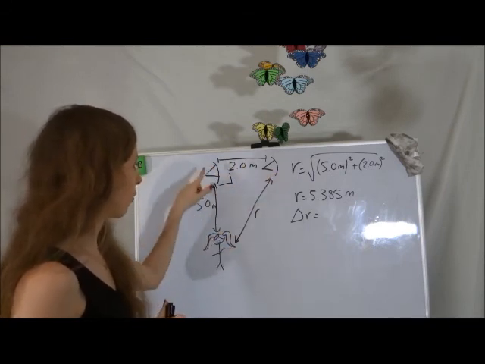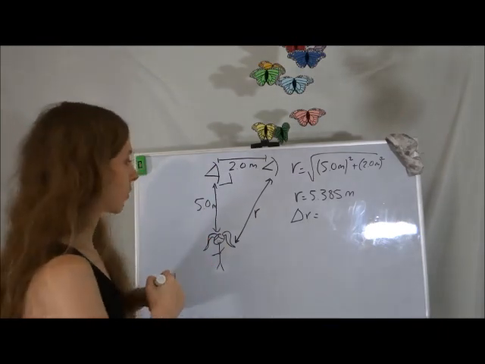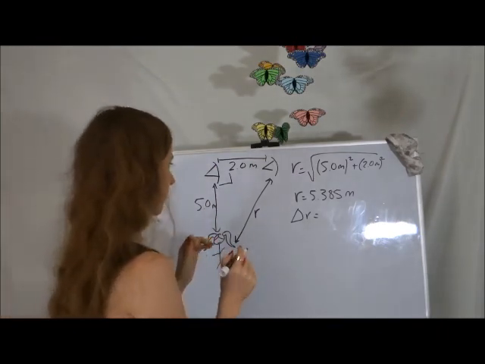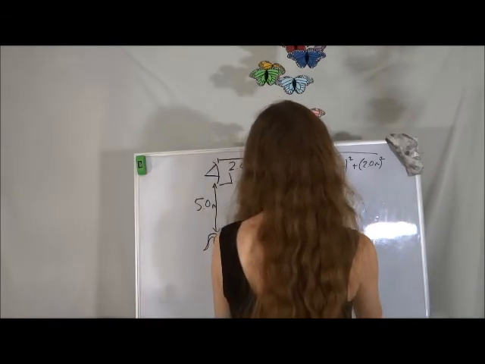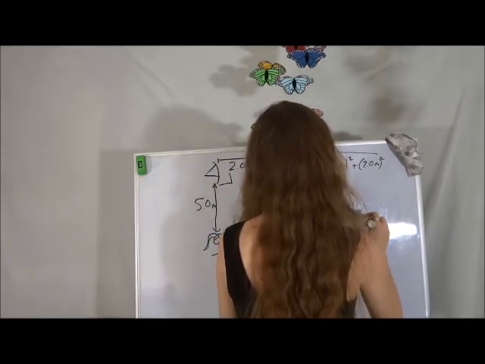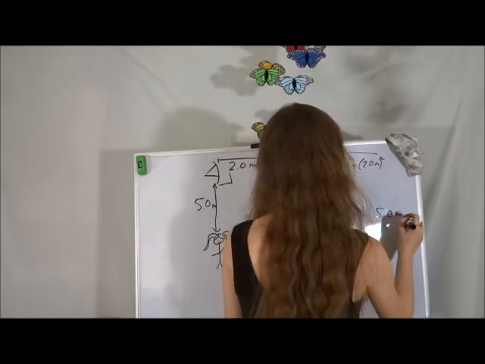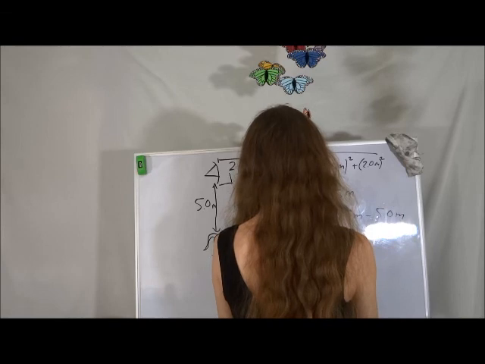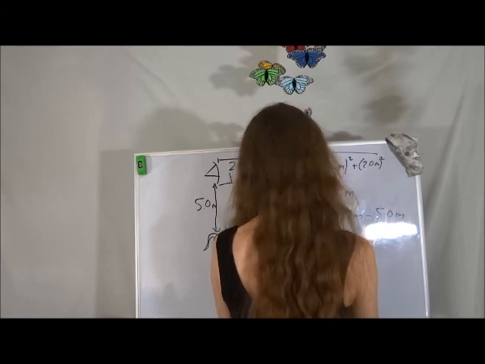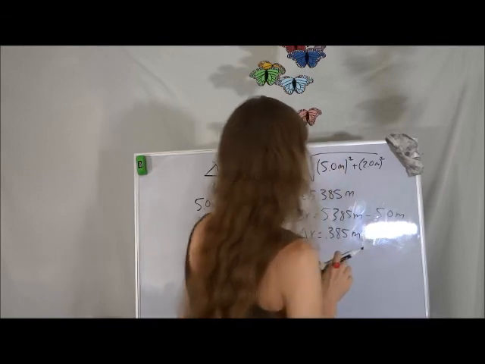We want to know what distance each sound wave is traveling to get to Abby. So our delta r is going to be 5.385 meters minus 5.0 meters. So delta r is equal to 0.385 meters.